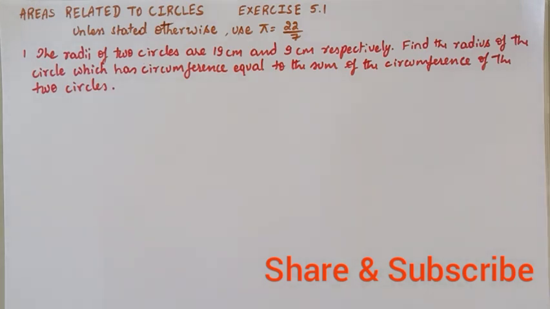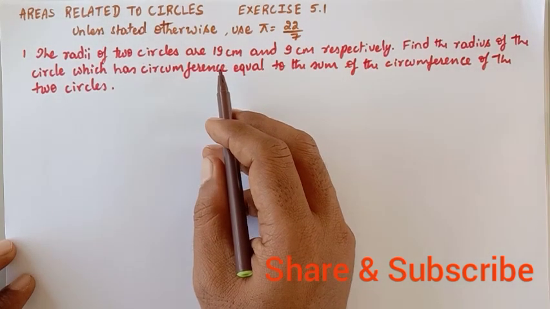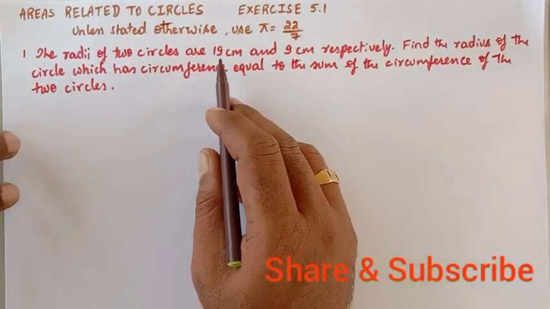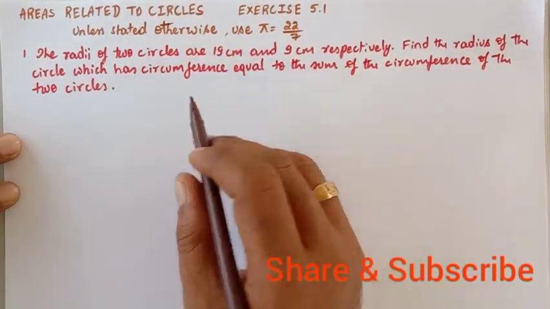First, let me calculate the circumference of the first circle with radius 19 centimeter.